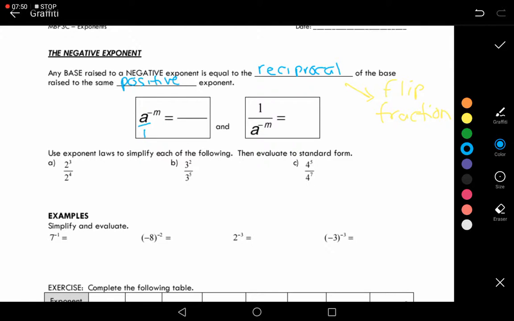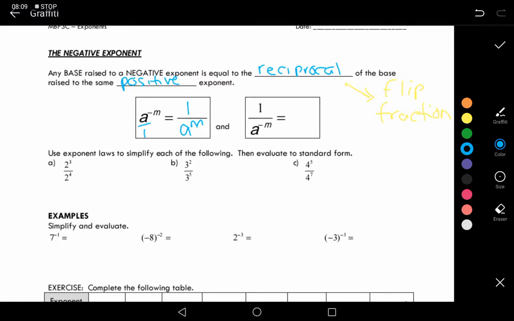So if I were to flip this fraction, my 1 would be on top and my a would be on the bottom. And as my definition says, now it becomes raised to the positive exponent. So I'm getting rid of that negative by flipping my fraction over. My exponent will become positive.